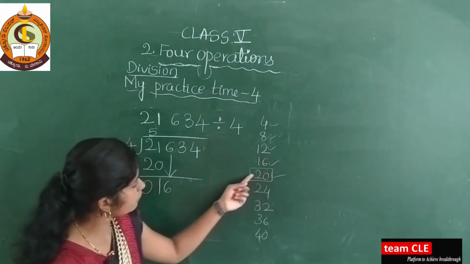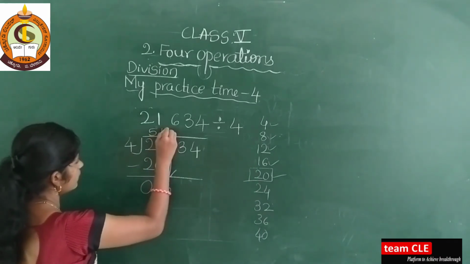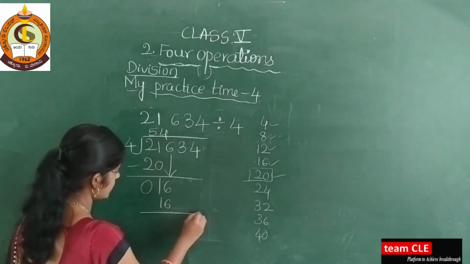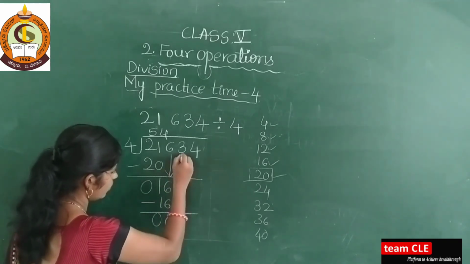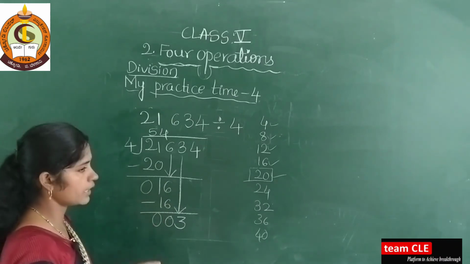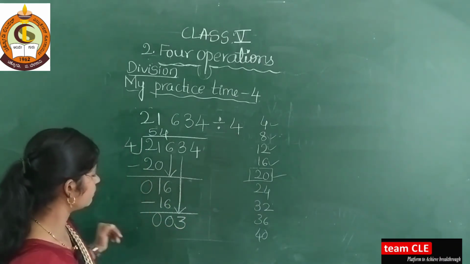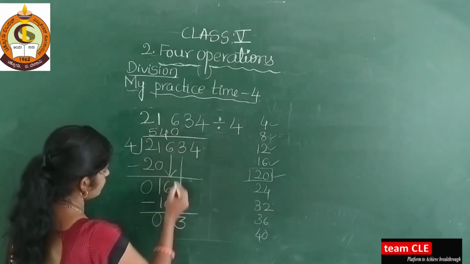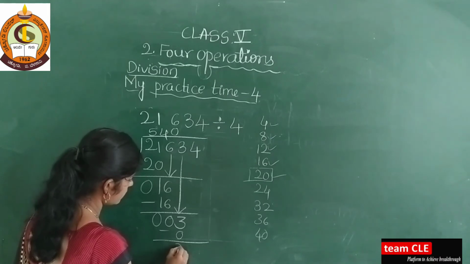Then see, in the 4 table, is 16 there? Yes. 4 4s are 16. 6 minus 6 is 0. 1 minus 1 is 0. Again you need to take this 3 down. Then in the 4 table 3 is not there. Then put 0 here, 4 zeros are 0, 3 minus 0 is 3.